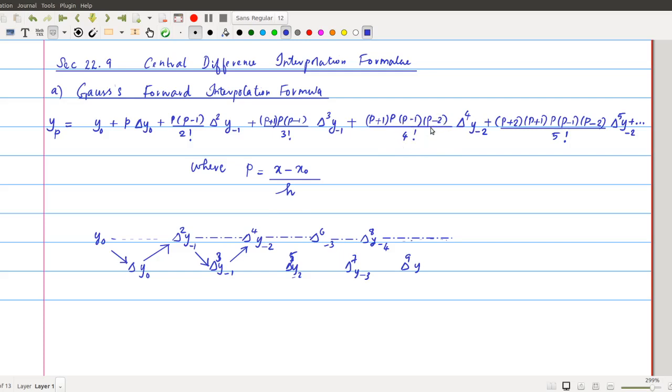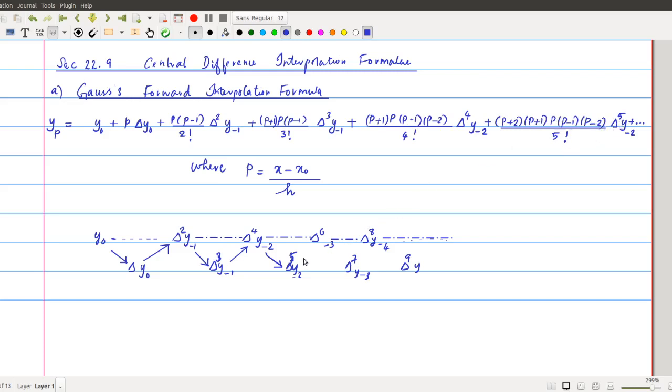Now we come to the line below, delta raised to 5 y minus 2. We add one more term, p plus 2, on the left, divided by factorial 5, times delta raised to 5.